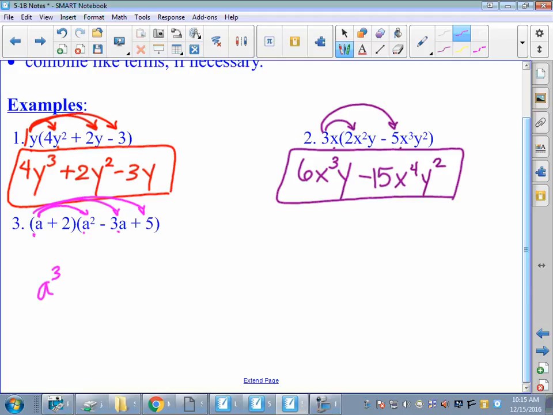A times negative 3a gives me a negative 3a squared. And a times 5 gives me a positive 5a. Distribute the 2 now to every term. Positive 2 goes to all 3 of these terms. So I end up with a positive 2a squared, a negative 6a, and a plus 10.